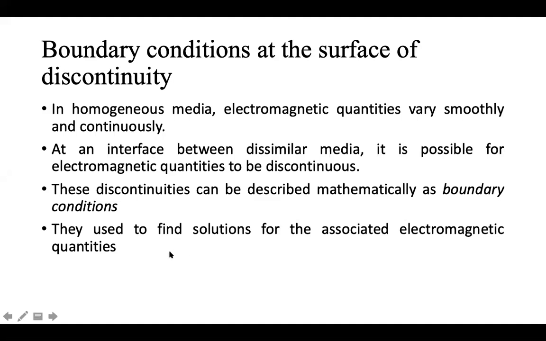Yesterday I told you about guided waves, and boundary conditions talk about guided waves. Electromagnetic waves are not free to move as they like. They are bound to certain conditions because of the medium, so we use them to find solutions for the associated electromagnetic quantities.